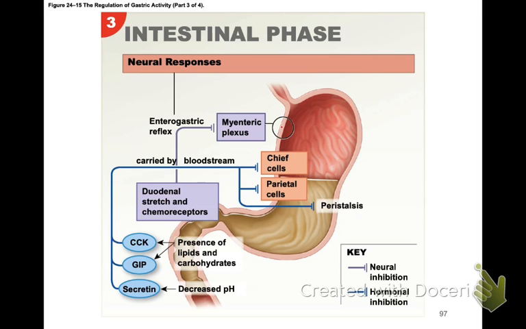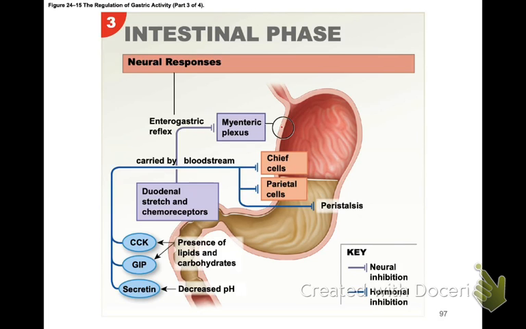When you've just put some food into the duodenum, peristalsis of pyloric muscle and relaxation of the pyloric sphincter puts just a little squirt of this acidic chyme into the duodenum, and the duodenum has stretch receptors and chemoreceptors, and those then can stimulate both neural inhibition, which is going to tell the stomach just hold off, and hormonal regulation as well. So let's look at the hormones being secreted.